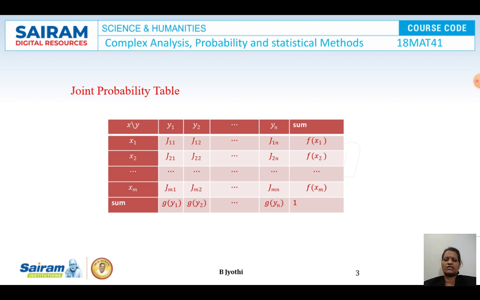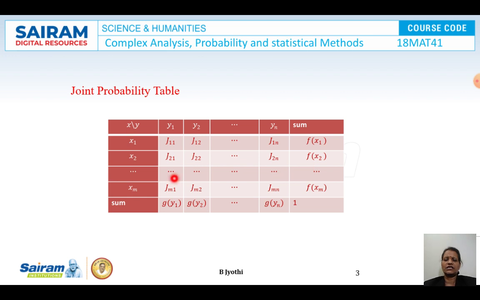So when we take x1 against y1 like a Cartesian product, it is j11, and x1 and y2 it is j12, x1 and yn it is j1n. Similarly, x2 and y1 it is j21, j22 and j2n, and whose sum will be f(x2), and so on.